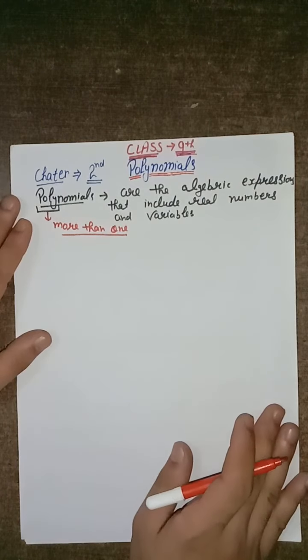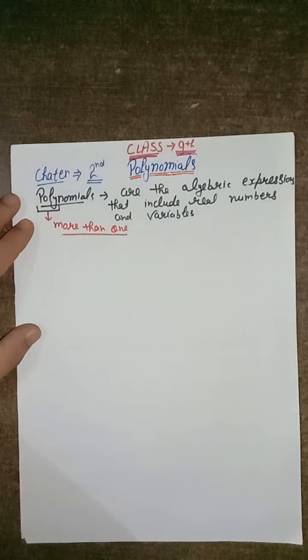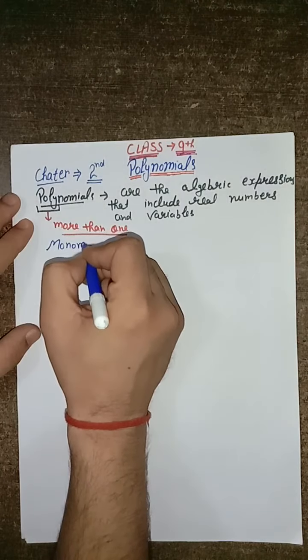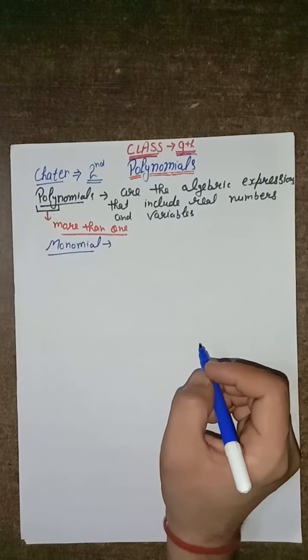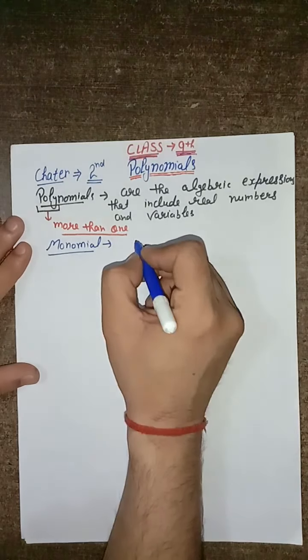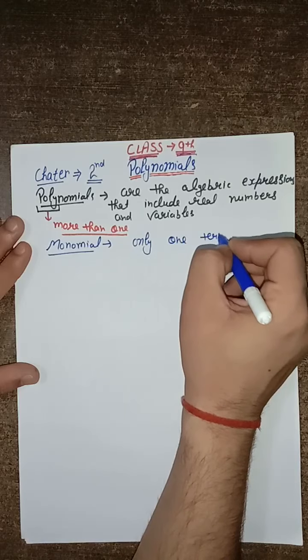Firstly, we will discuss monomial. Monomial means that polynomial which contains only one term.